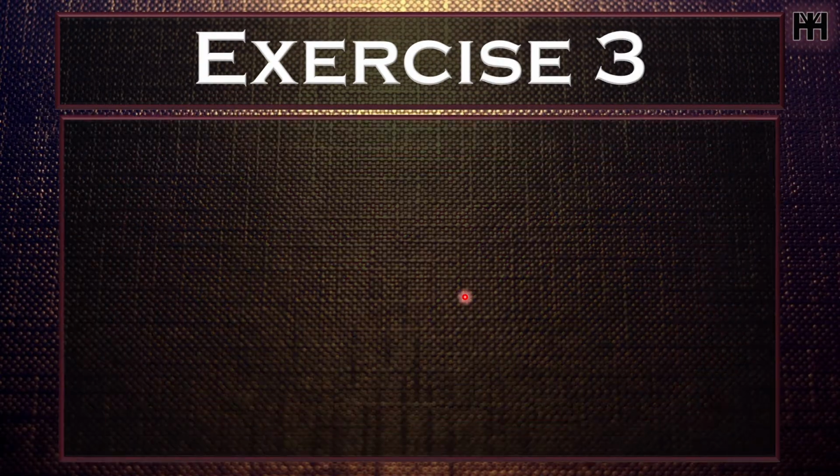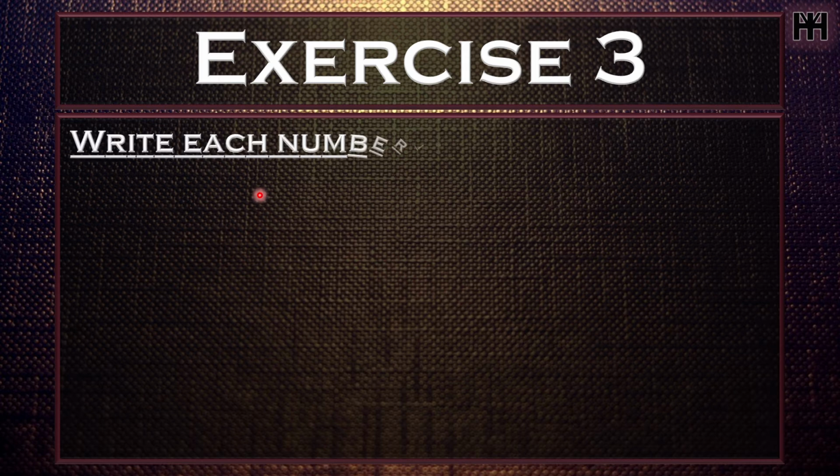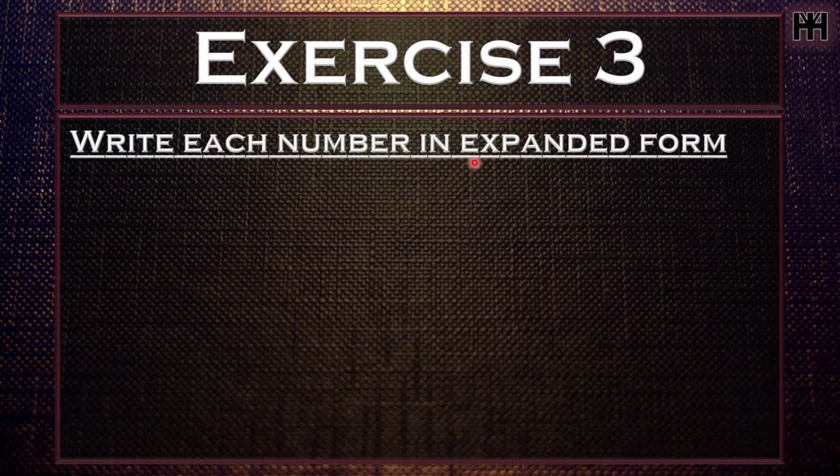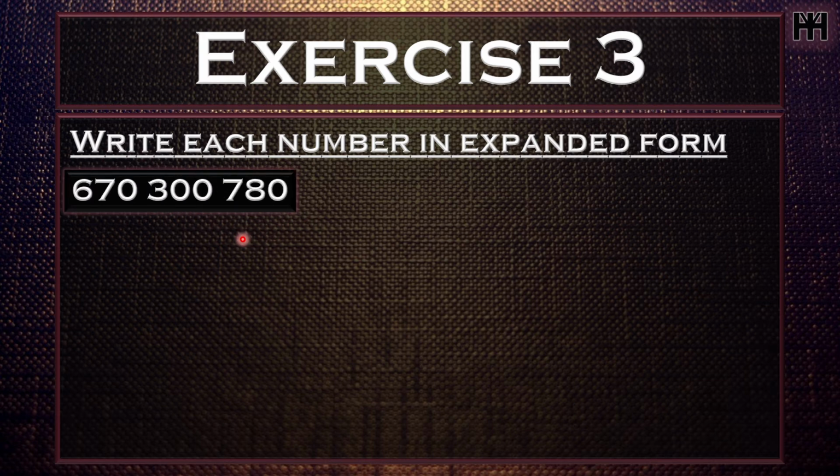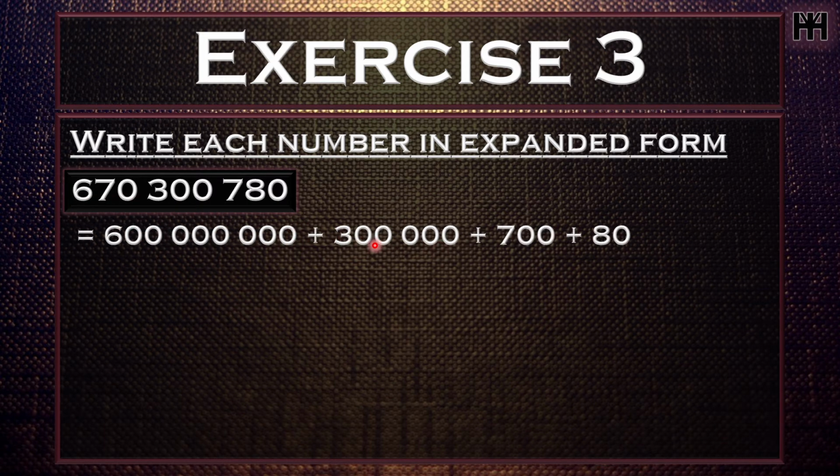Exercise 3. Write each number in the expanded form. They will give us the number in the standard form and now we should write it in the expanded form. So now we have 600 million. Write 600 million plus 300,000 plus 700 plus 80.